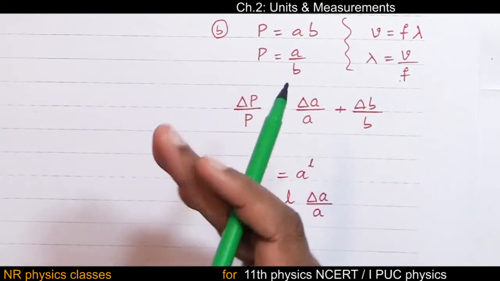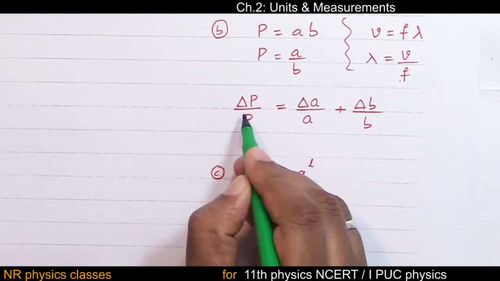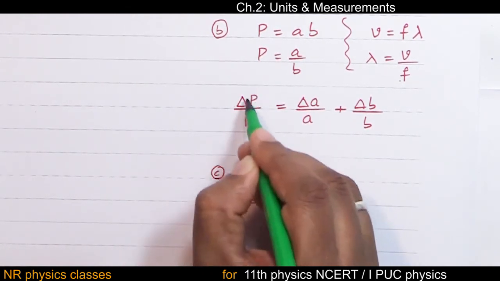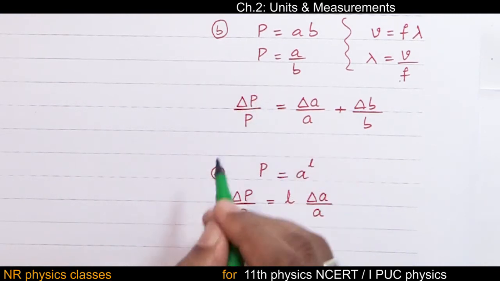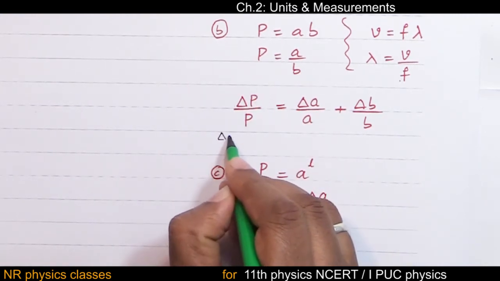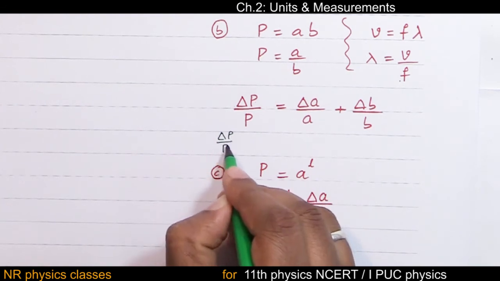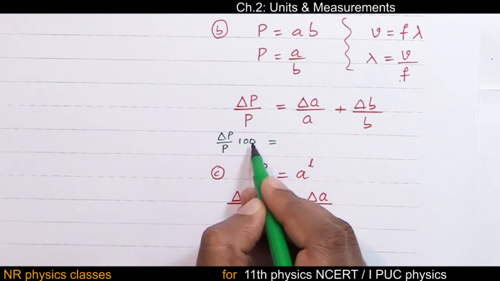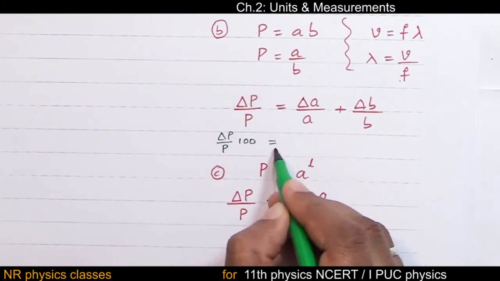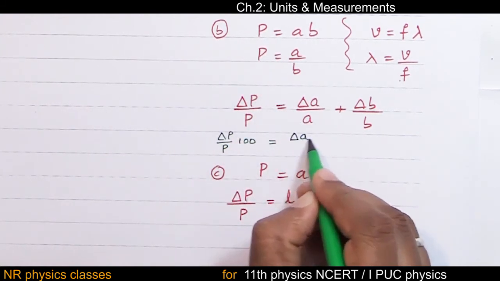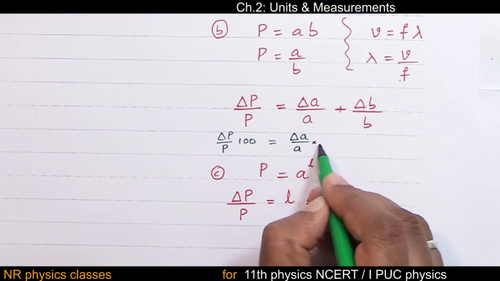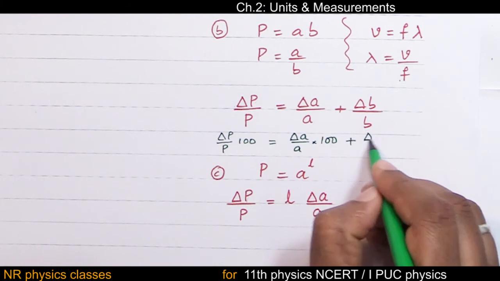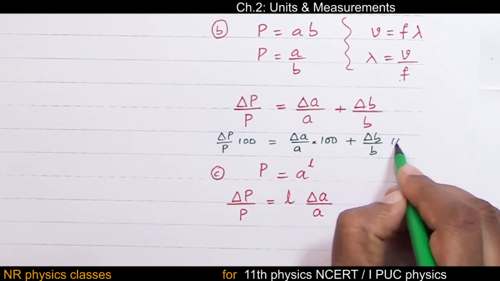Now this relative error, when multiplied by 100, becomes percentage error. So delta P by P into 100, the percentage error in the measurement of P, is equal to delta A by A into 100 plus delta B by B into 100.